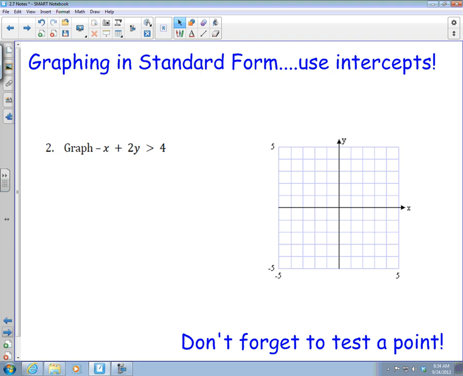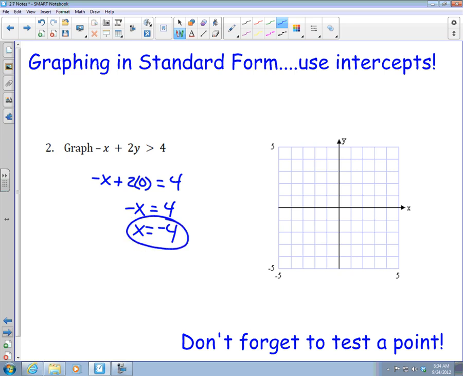X and y-intercepts again. I'll plug in 0 for y first of all, negative x plus 2 times 0. We'll just say equals 4 for right now. Negative x equals 4, so x equals negative 4, dividing both sides by negative 1. So there's my x-intercept. Y-intercept.